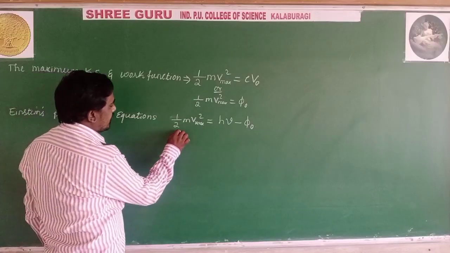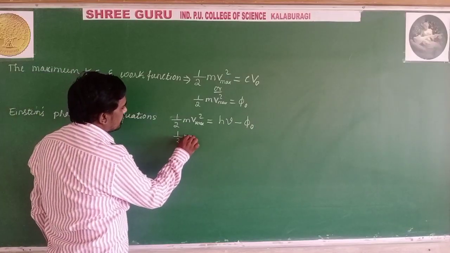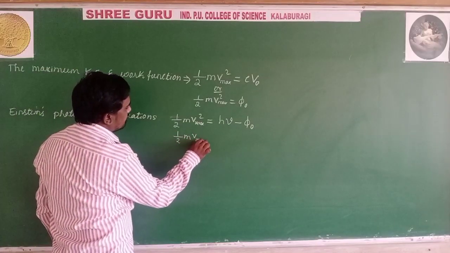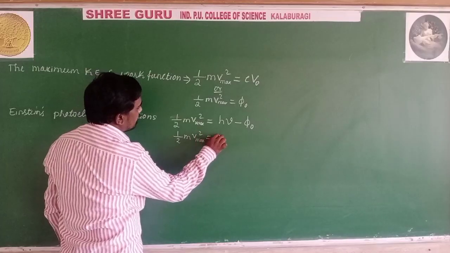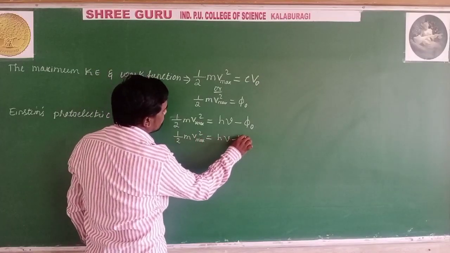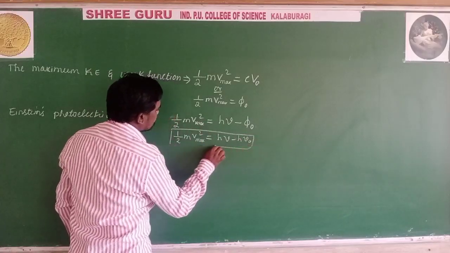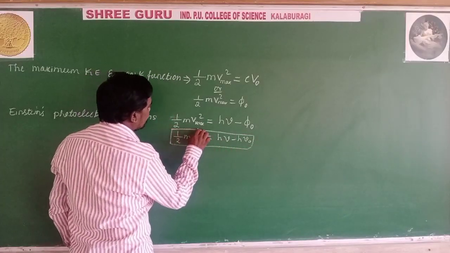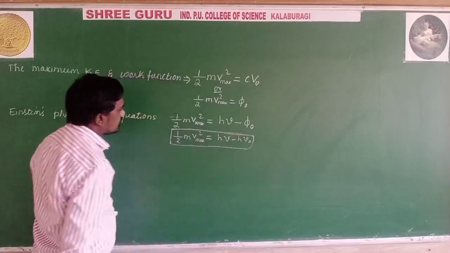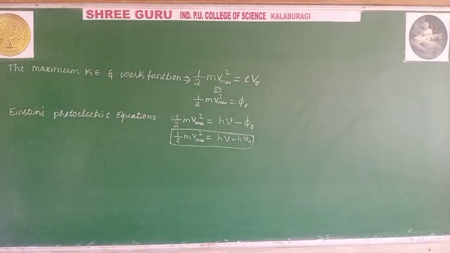Or we can also say half m v square equals h nu minus h nu naught. These are the expressions for the Einstein photoelectric equation, and we are going to use them in the numericals. Keep them in your mind.